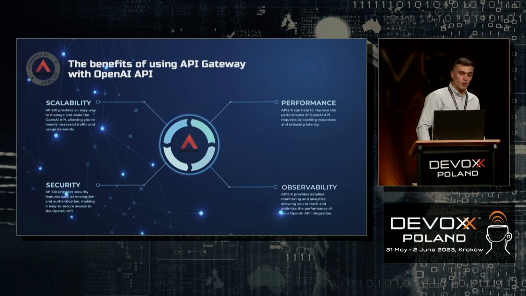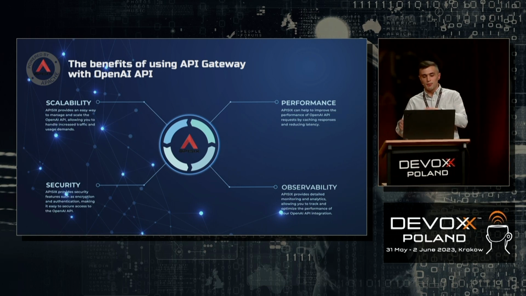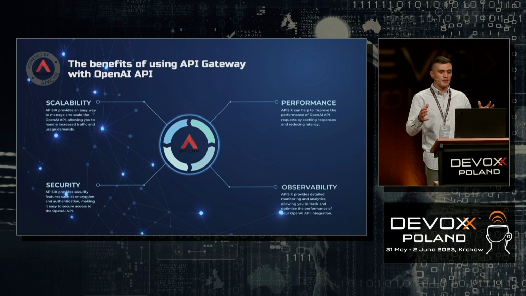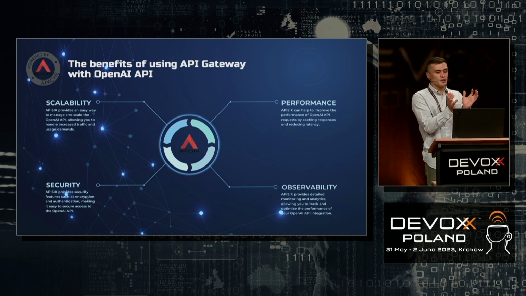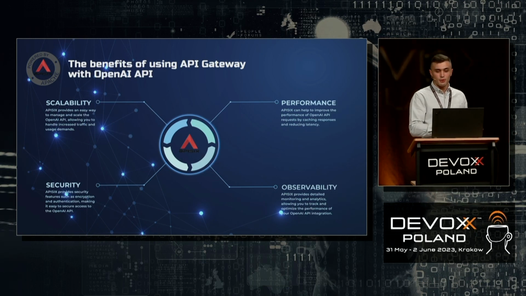And you can ask me now, okay Bobur, we know OpenAI API, we know APISIX, API gateway, and how can we get the benefit out of this using integrations, right? First of all, when you integrate OpenAI API with an API gateway, you can get security features.